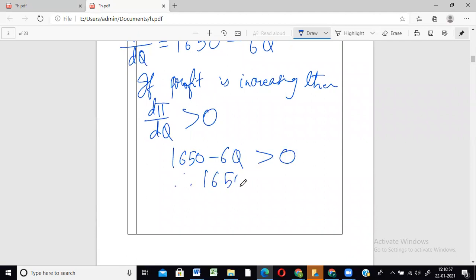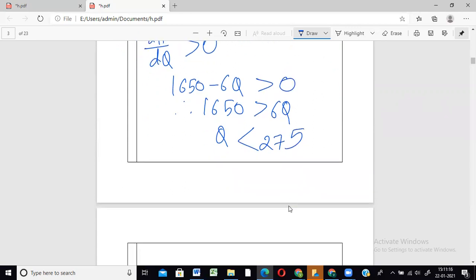Therefore, 1650 is greater than 6q. So q is less than 1650 divided by 6, correct? The signs are not changing. When I divide 1650 by 6, I get the answer as 275. So profit will be increasing if you make quantities, the q articles, less than 275.